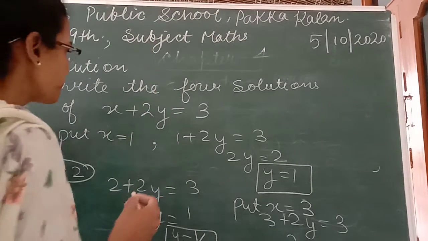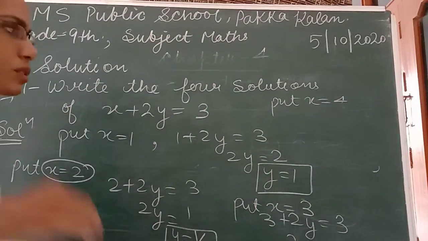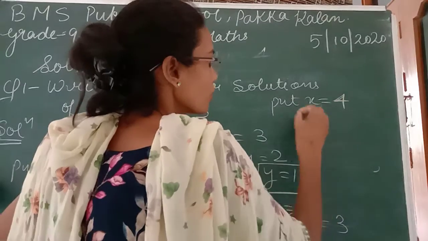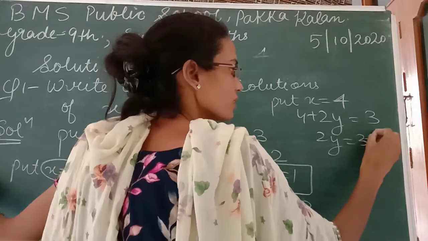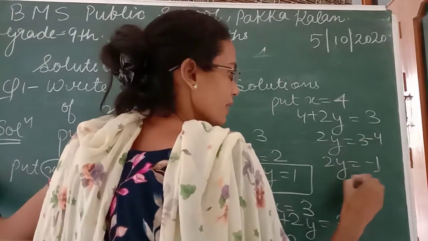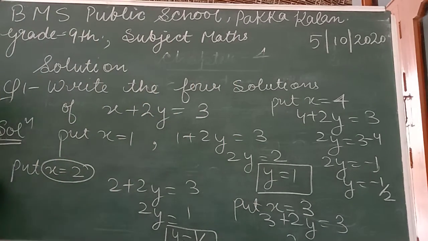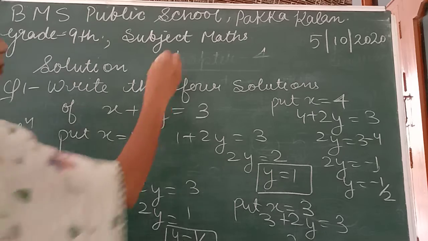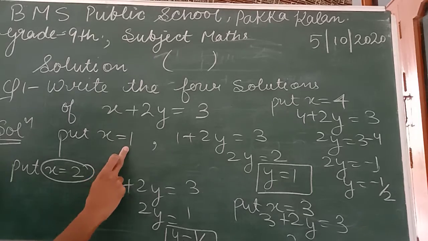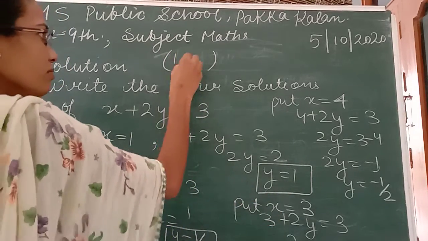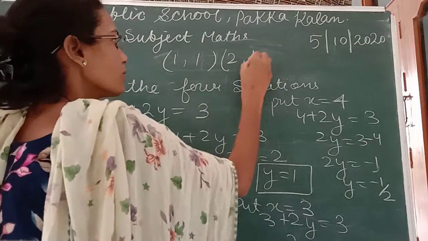Same way, put x is equal to 4. So 4 plus 2y is equal to 3, 2y is equal to 3 minus 4, 2y is equal to minus 1, and y is equal to minus 1 by 2. Now write the solutions. When x is 1, y is 1. When x is 2, y is 1 by 2.